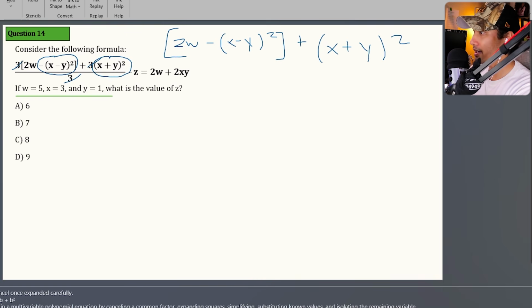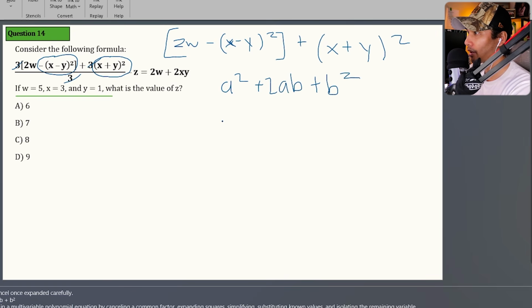Let's expand these, because these are what we call squaring a binomial. The formula goes a squared plus 2ab plus b squared, where a equals x and b equals negative y.